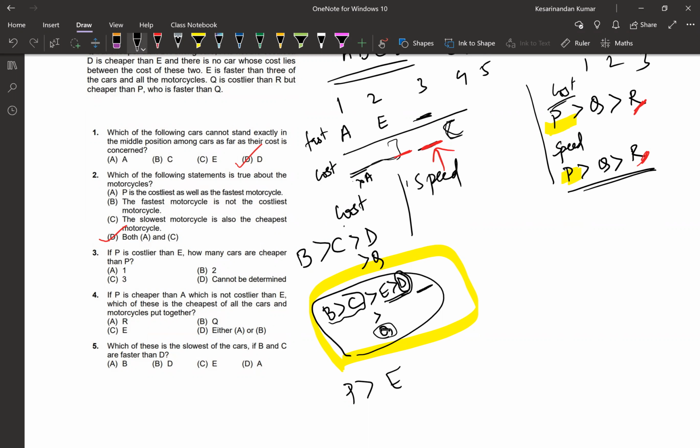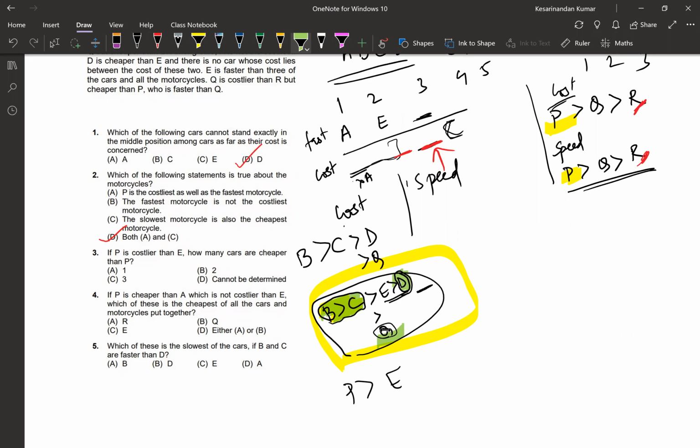These two are definitely expensive, B and C. So two cars are out of equation. We cannot say anything about them. Q, we have no idea where it will be. It can be expensive than E. It can be cheaper than E. D, yes, there's one car we can be absolutely sure of that it will be cheaper than P. A, we have no idea.